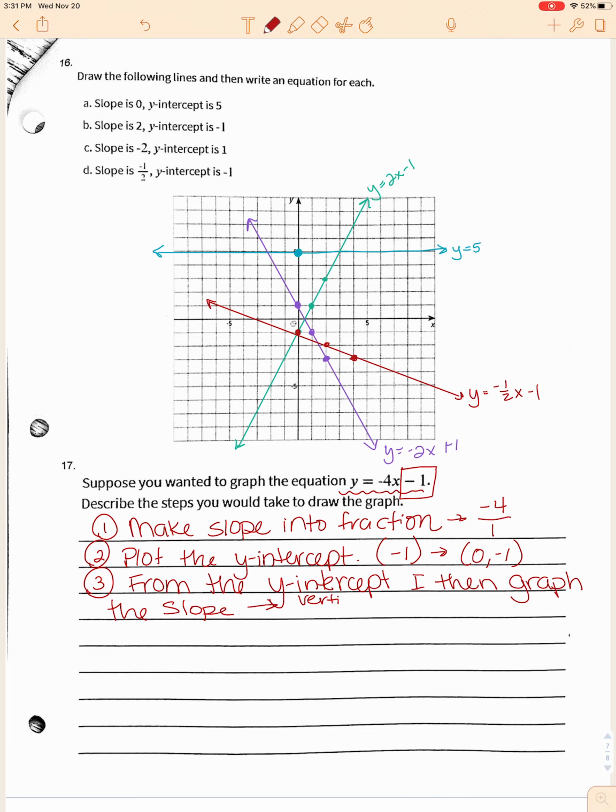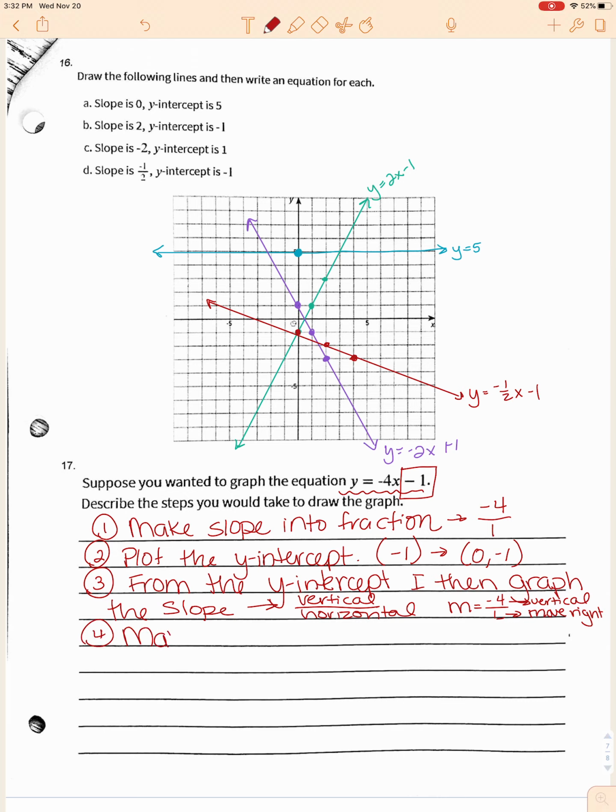Or what we call vertical over horizontal. So in this case, my slope value is negative 4 over 1. So my vertical is negative 4, and my moves right or horizontal is my 1.